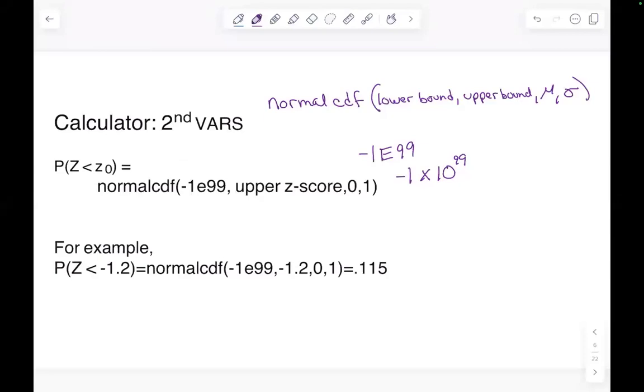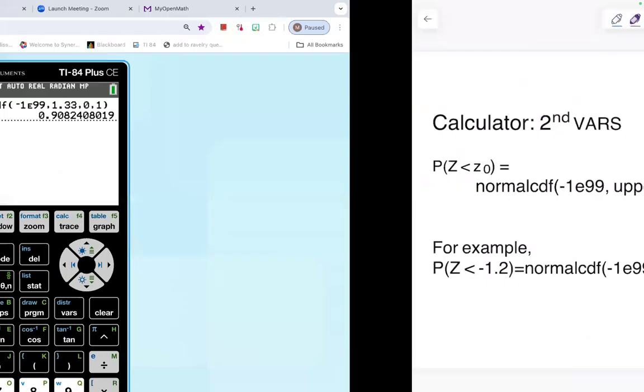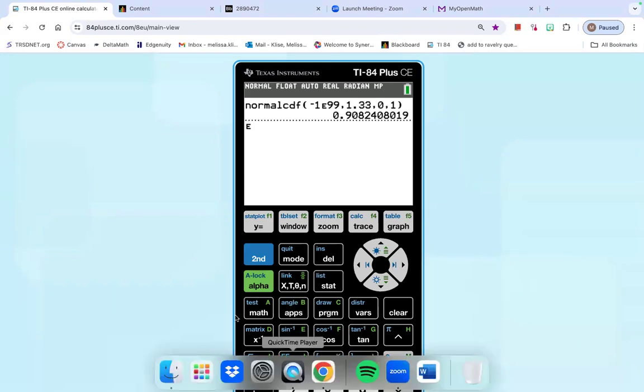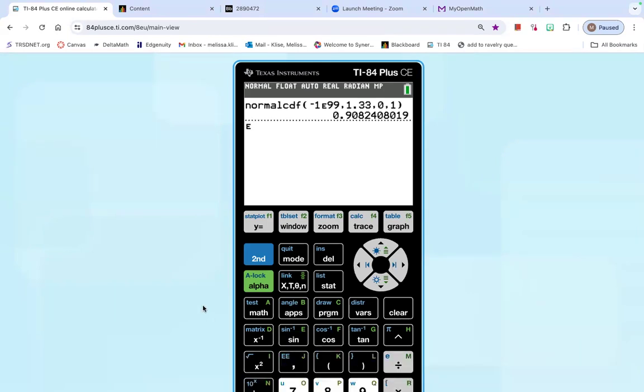How did you get the E? What was that? The negative 1E? The E is the second. So it's second comma. That gives you the E. Did you get that?